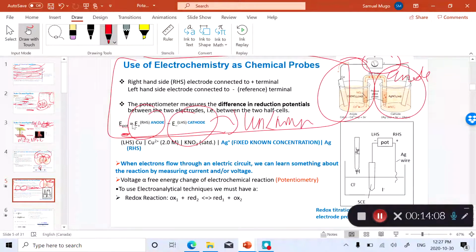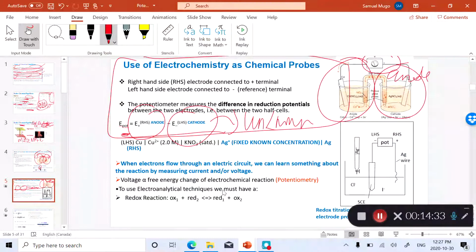So in this one the potential is known, and in this one the potential is unknown. Then I can measure the E of the cell, which is going to be equal to the potential that is fluctuating, that is unknown. And as such, I can use these kinds of electrochemical or potentiometric probes for detection.